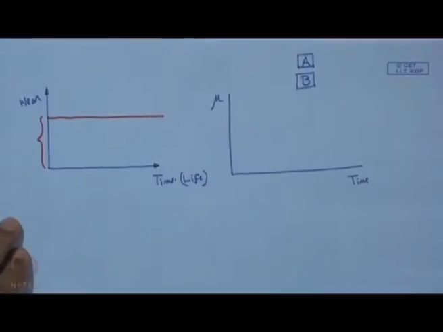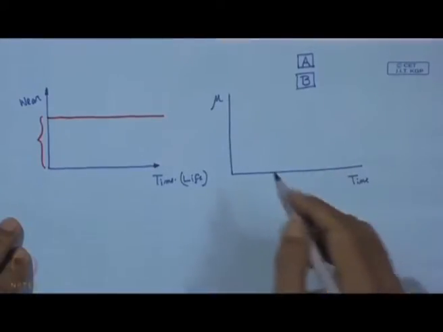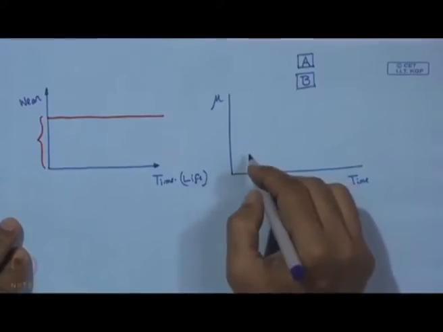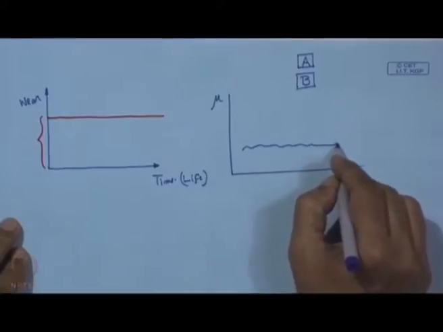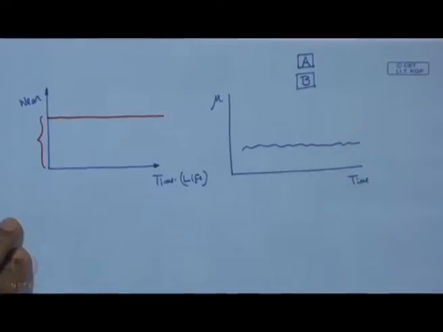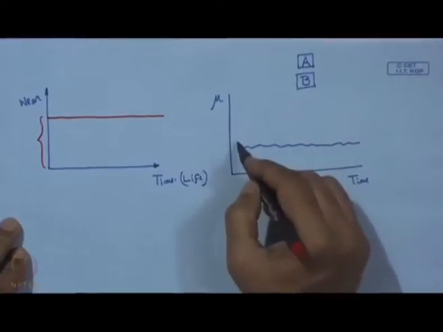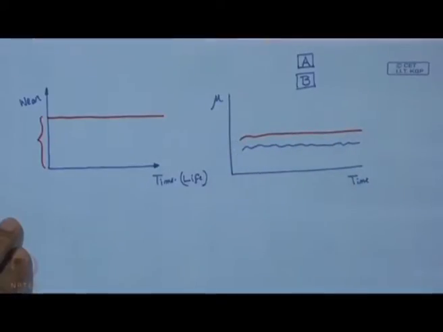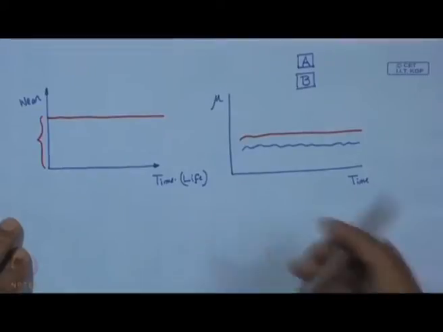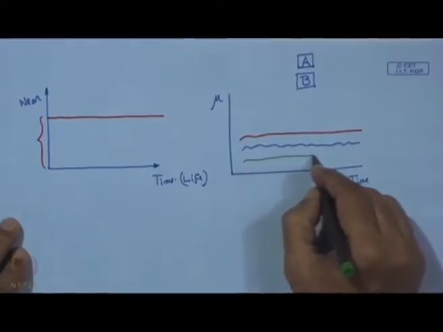So, here also we have scope for all sorts of research and development, that means between A and B what will be the coefficient of friction, and it can go like this or it can be above this value or it can be low, and it may even change with time.